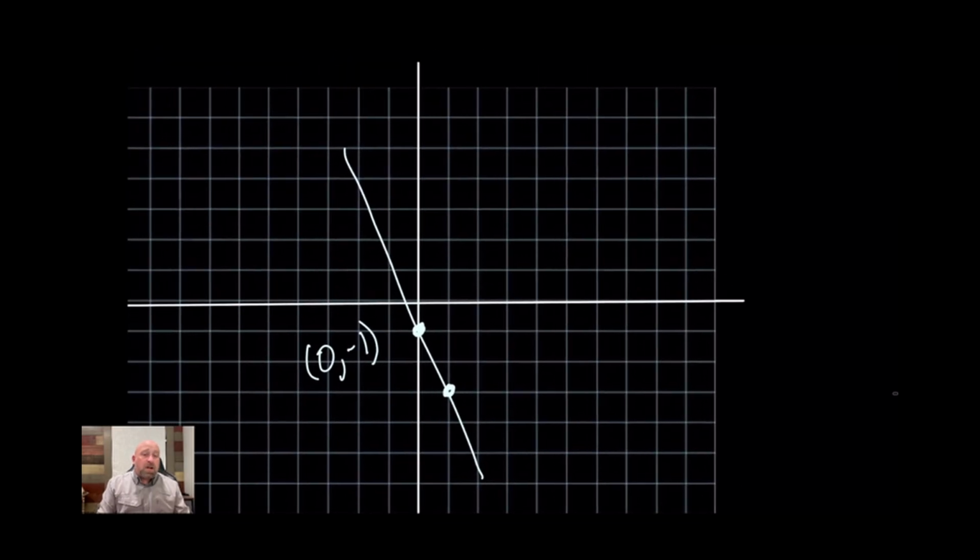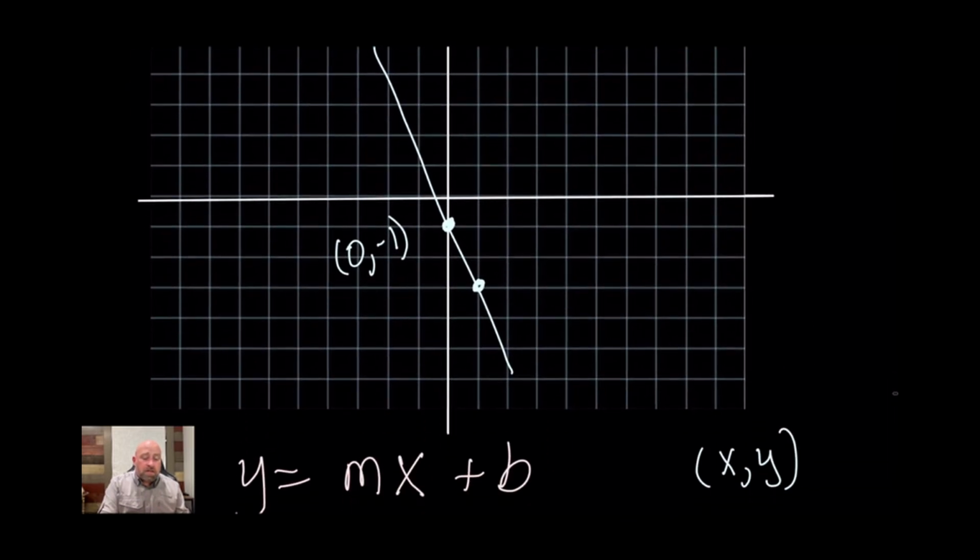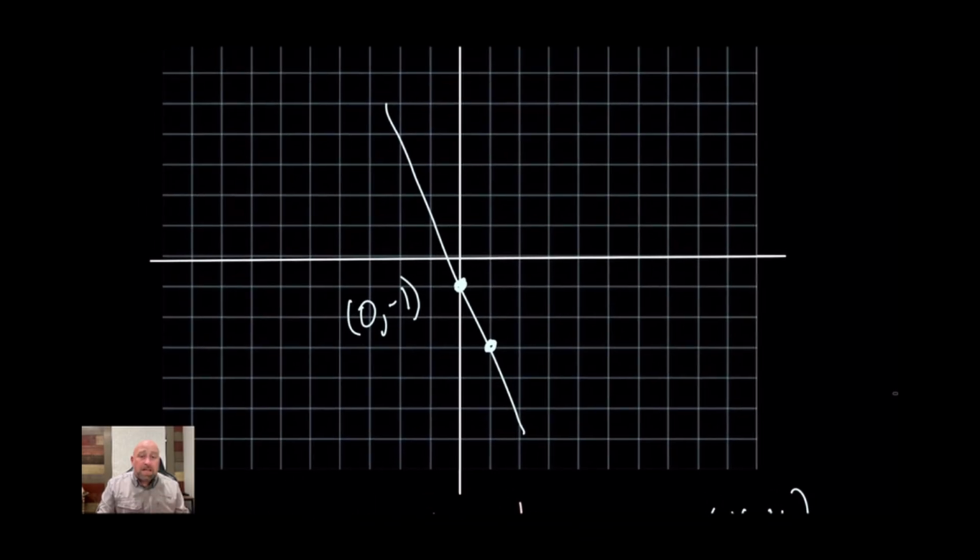So let's try to get an equation written for this line right here. First of all, these are the things we need. We need the y, we need the m, we need the x, and we need the b. So first thing maybe that you can notice is what is the b in this one.